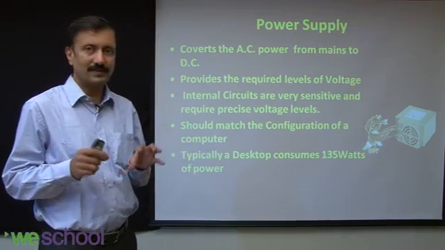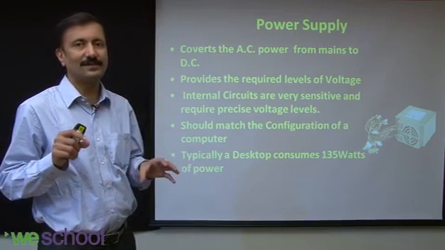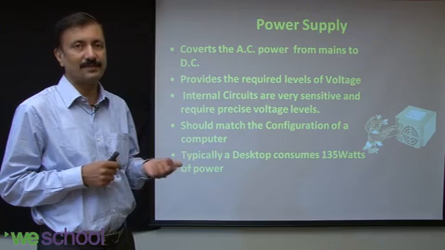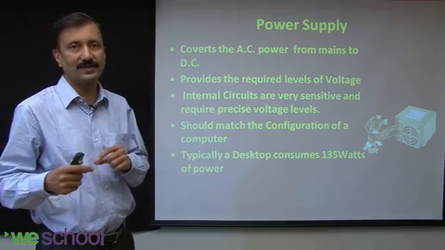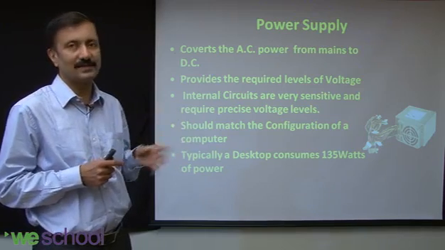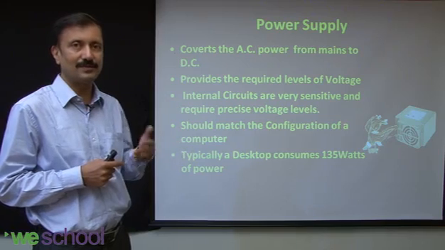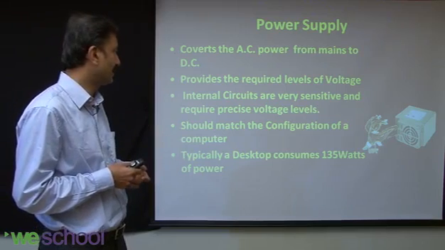However, computers actually have different components, the memory, the CPU, each one of them works on different voltages, and this power supply is designed to give you different types of voltage. So you have a 5 volt, you have a minus 5 volt, you have a 3 volt and a 1 volt, depending on what each device requires. The power supply is able to step up or step down that voltage in a DC format.